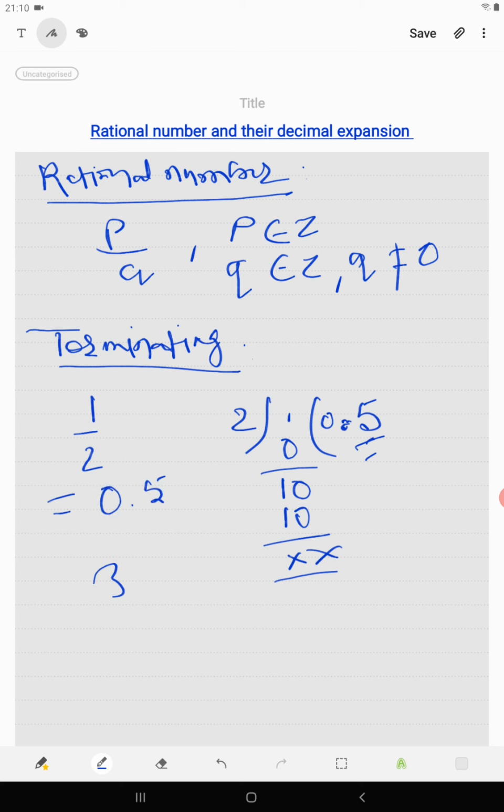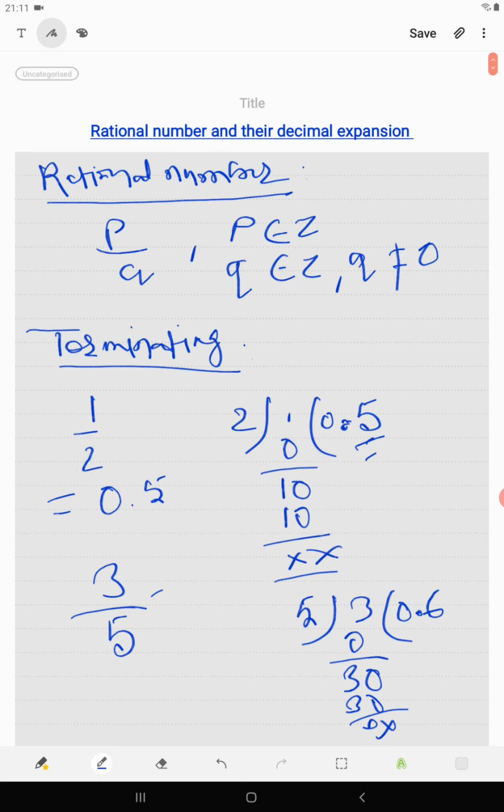Similarly, take the example of 3 by 5. So 3 by 5, if you are dividing 3 with 5, we get 0.6.